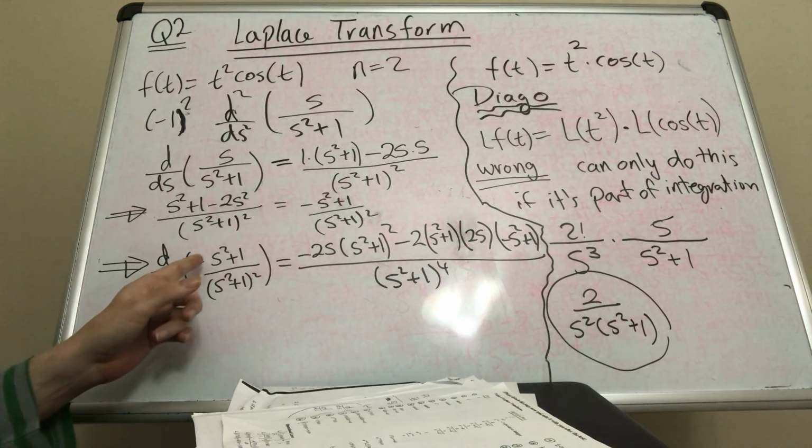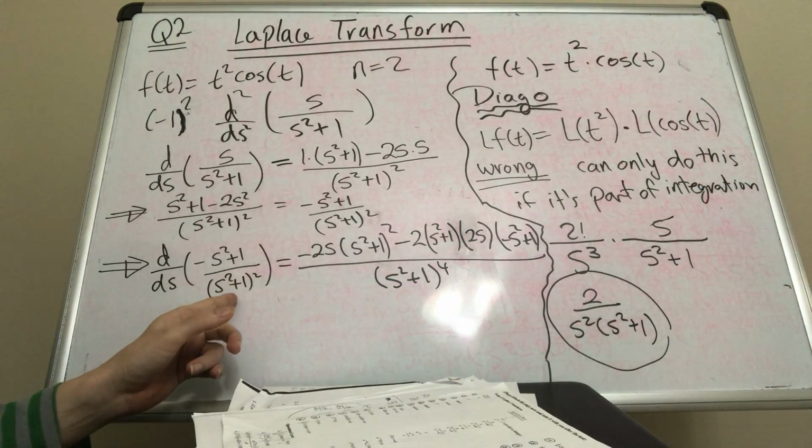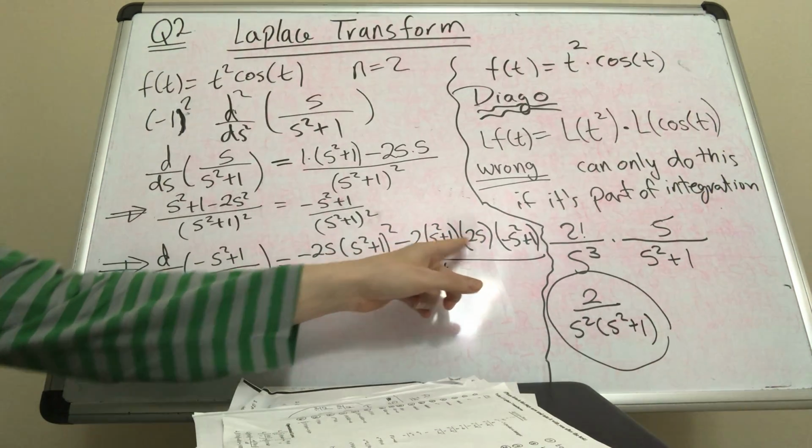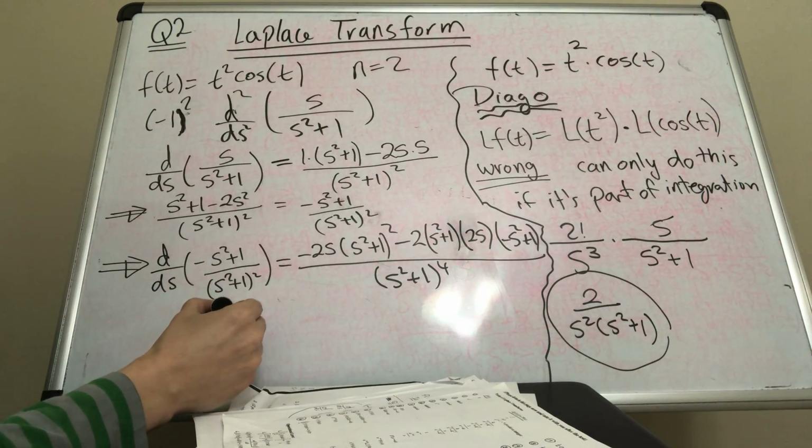So derivative of the first one times the second one, plus derivative of the second one involving chain rule times the first. Now let's see if we can simplify this.